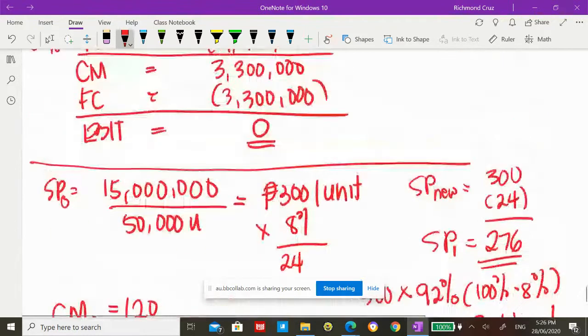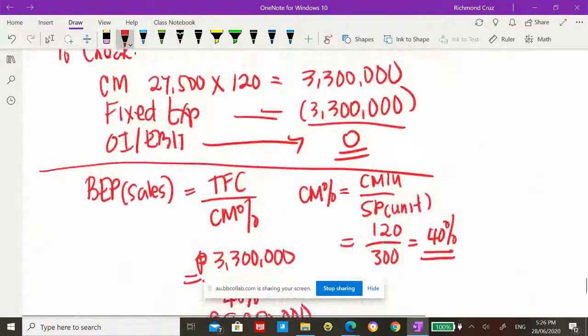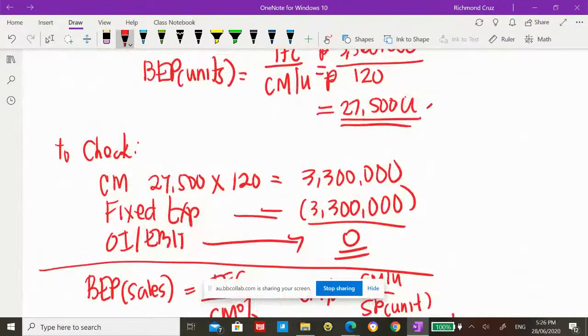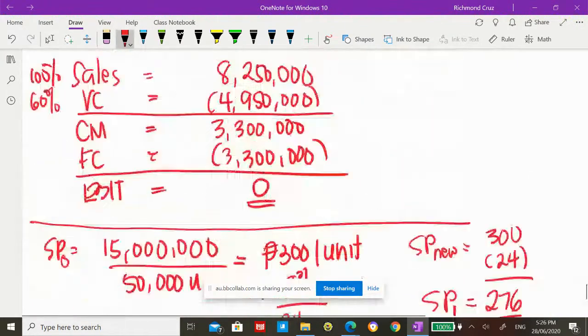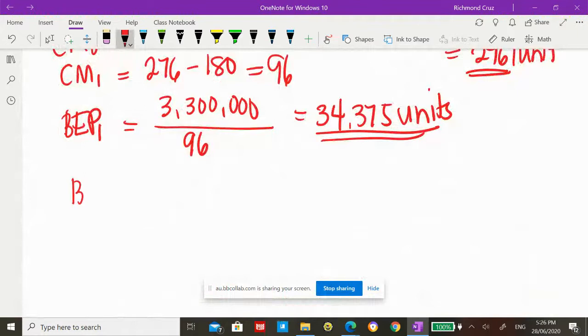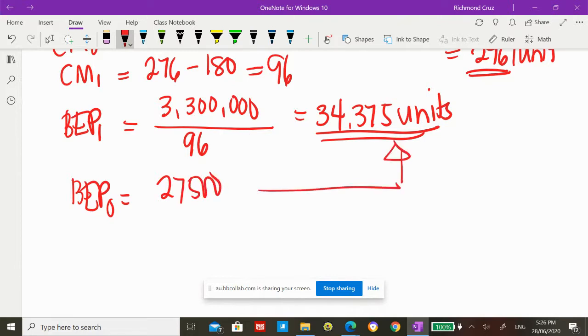So, ibig sabihin, from 27,500, so, ang break-even point 0 natin o yung original, this is 27,500. So, ang bago nating break-even point in units is 34,375. So ano yung rule? Kapag yung contribution margin natin bumaba, ang break-even point in units ay tataas.